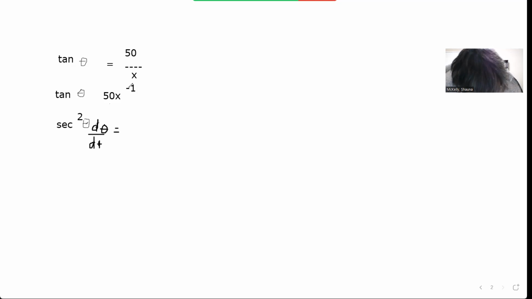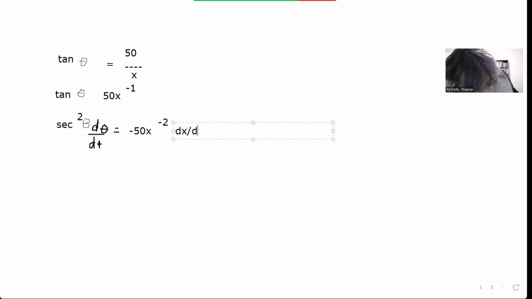So remember, negative 1 comes down, so I get negative 1 times 50, that's negative 50x, and remember, I take 1 off, so negative 1 minus 1 more is negative 2, so negative 50x to the negative 2 power and dx dt.